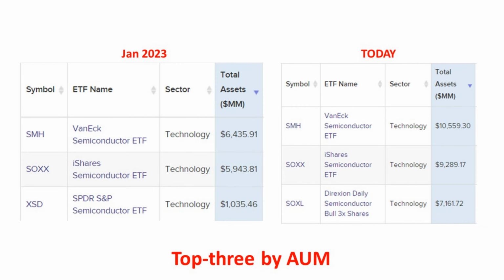On the left-hand side, this table shows the AUM, or the amount of money that the three largest semiconductor ETFs had attracted: SMH, SOXX, and XSD. And then look today. You have SMH, that's close to doubled their total assets under management. You have SOXX, that's gone up quite a bit. And then the third place position has actually been replaced by Direction Daily.